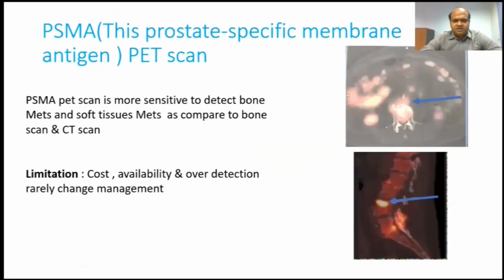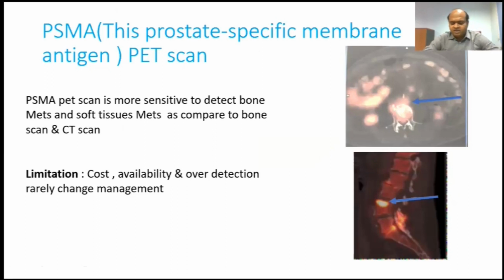The PSMA, that is prostate specific membrane antigen, PET scan is more sensitive to detect bone metastasis as well as soft tissue metastasis as compared to bone scan as well as CT scan. However, it has its own limitations.